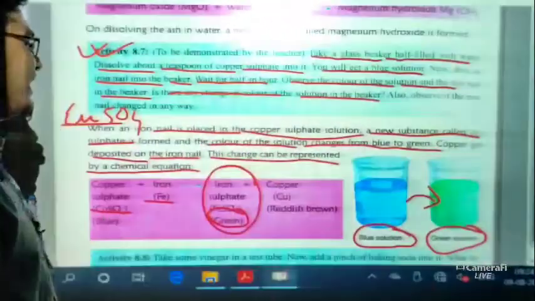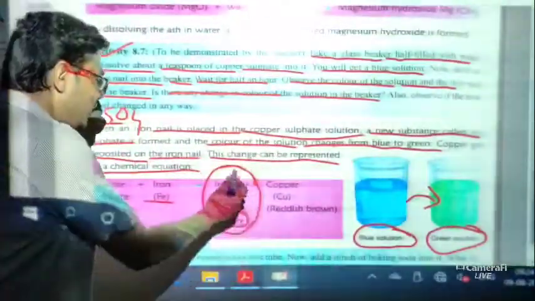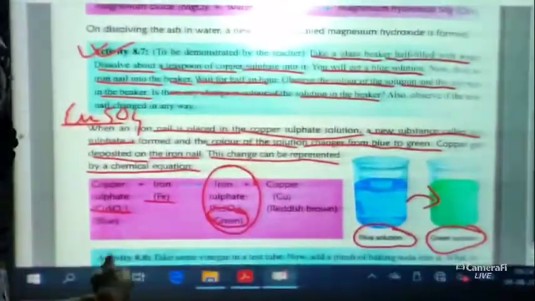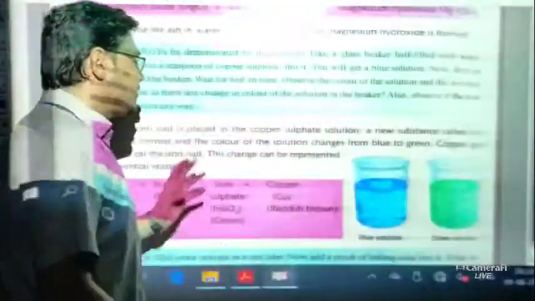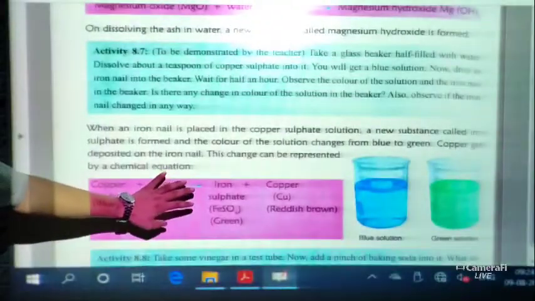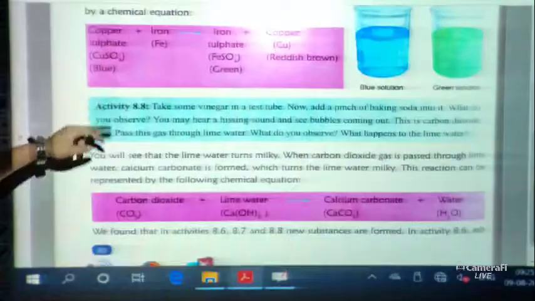And why does it turn green? You have to explain that a new substance, iron sulfate, is formed and it is green in color. That's why the whole solution changes into green. I hope this is clear. So students, you have to read these reactions very properly with the chemical formulas. Chemical equations are very important.